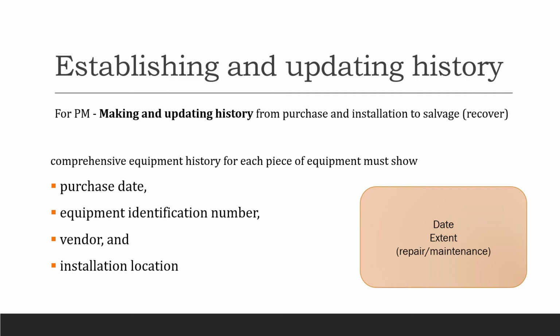It's a comprehensive equipment history for each piece of equipment. It has to show the purchase date, the equipment ID, the vendor, and the location of the installation. I already showed you that in the previous slide. So the date and the extent are so important.